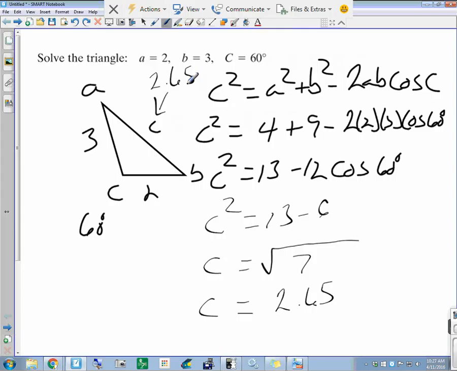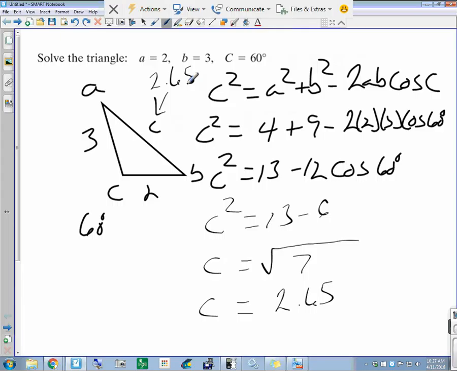Now, one of the other things about this is, when we take the square root to both sides, do we have to consider positive and negative? In this case, do I have to?